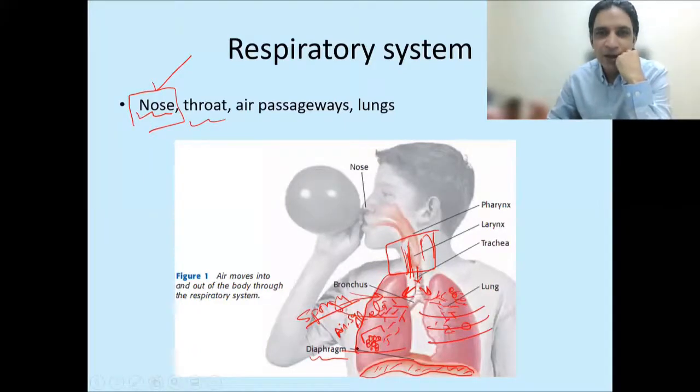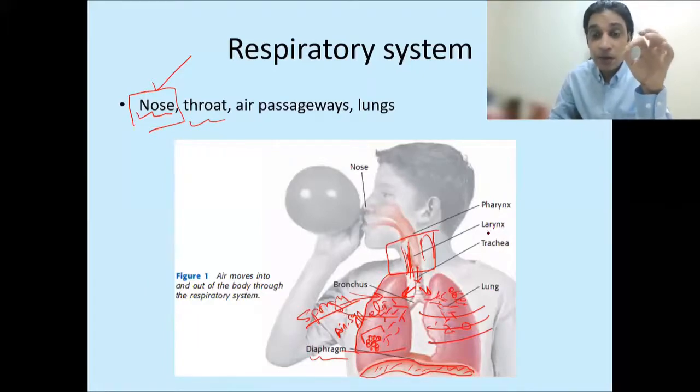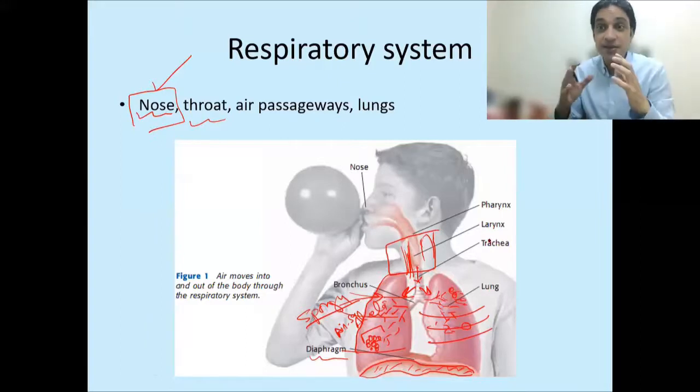Just raise your hands if you believe that the lungs can contract and expel. Okay, that is absolutely okay. You are not a biology major student. Okay, that's interesting. So some of you believe that the lungs can contract and relax by themselves.